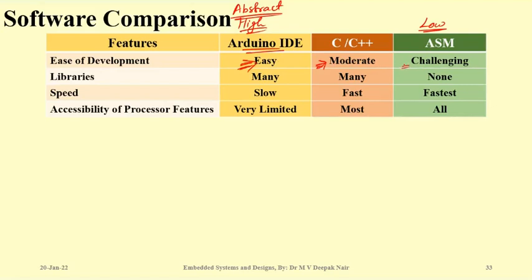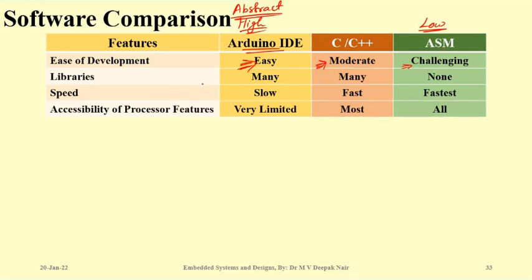But ASM, assembly language, it is challenging because you have to read the instruction set. You must know how to read the instruction set, at the same time write bit by bit, sometimes byte by byte. So it is very challenging. Okay, so challenge is there.